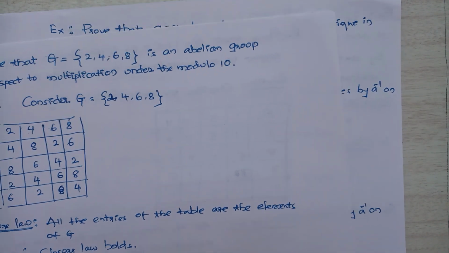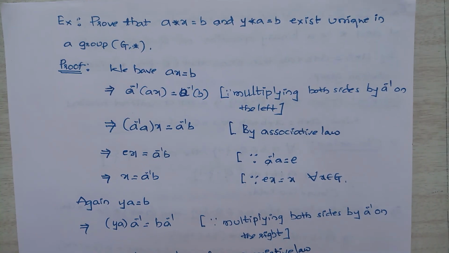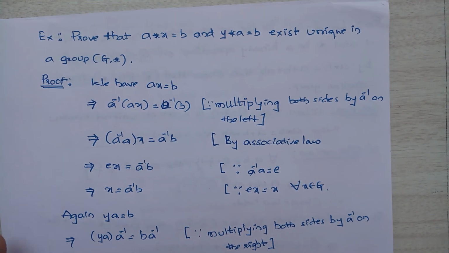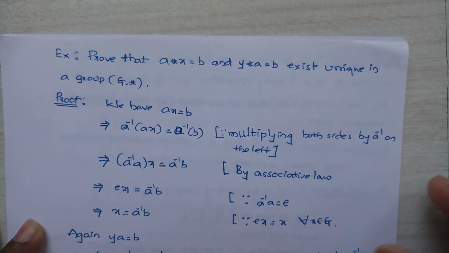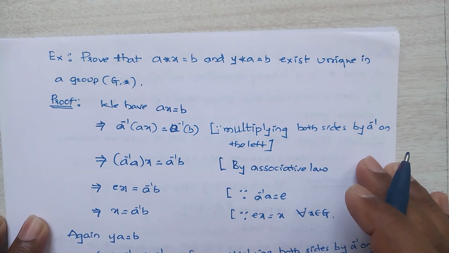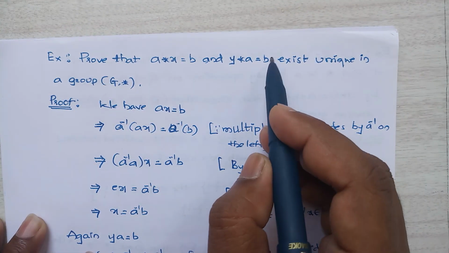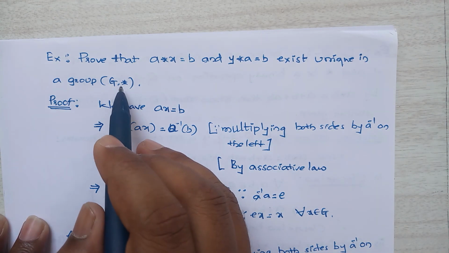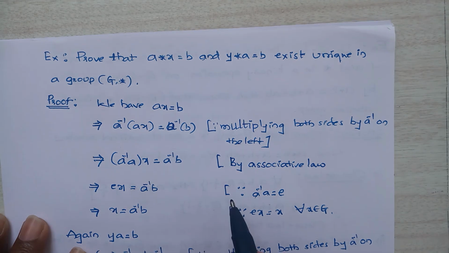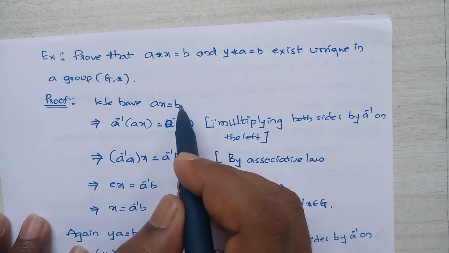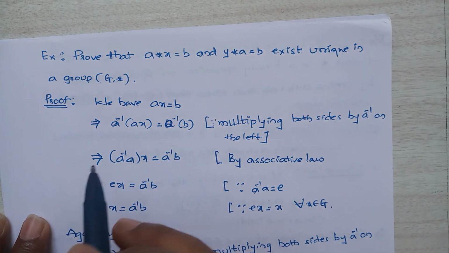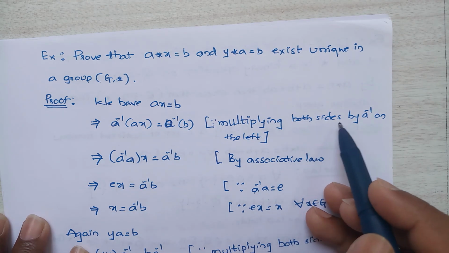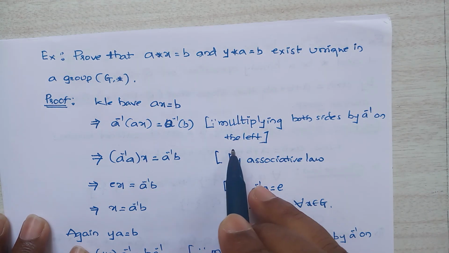So next example. Prove that Ax = B and Ya = B have unique solutions in a group G. Okay, so we have Ax = B. Here I multiply both sides by A inverse on the left.